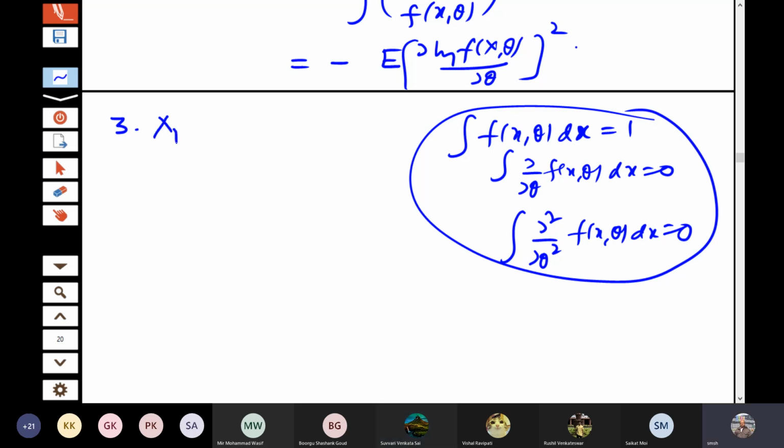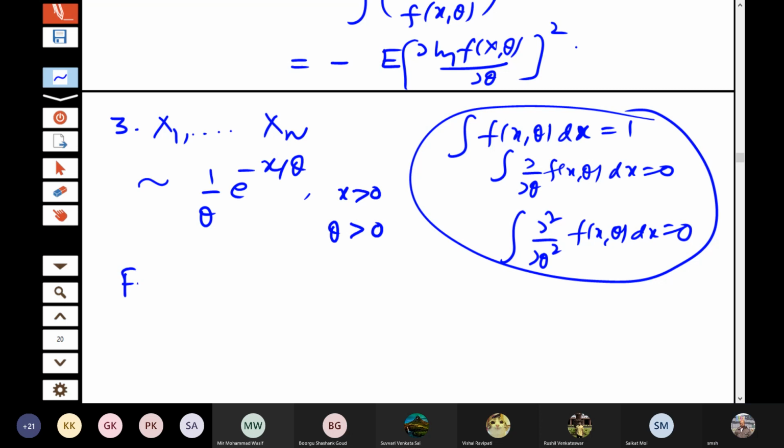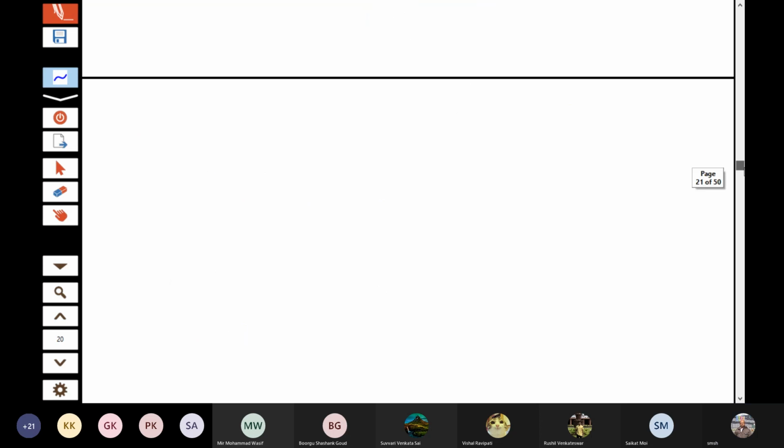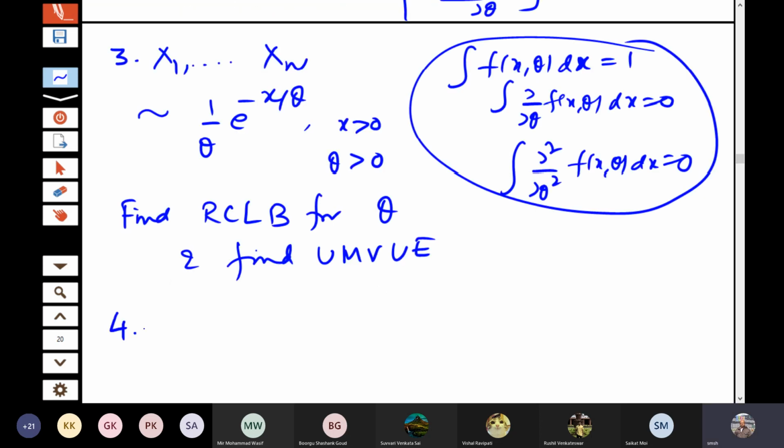Let me write some exercises, because you can try them yourself. Take the exponential distribution, 1/θ e^(−x/θ). Find the RCLB for θ and find the UMVUE. Another exercise: X1, X2, ..., Xn from normal(0, σ²).